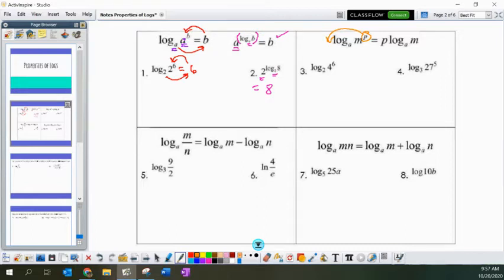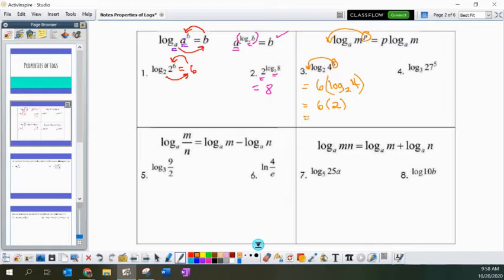So here, if I want log base 2 of 4 to the 6th, I've got that power. What can I do with it? I can bring it out front. That's 6 times log base 2 of 4. Now, we can evaluate log base 2 of 4, so we're not finished simplifying this expression. The power we raise 2 to get 4 is just 2.